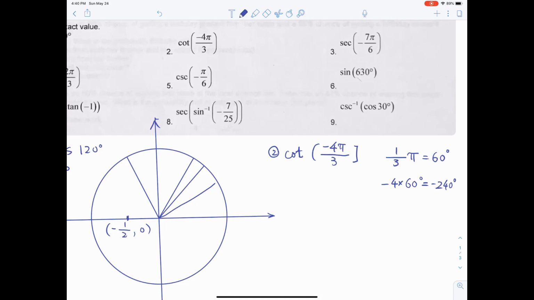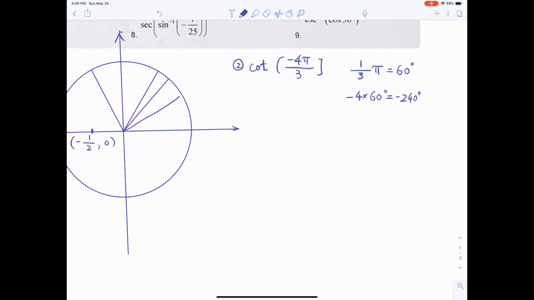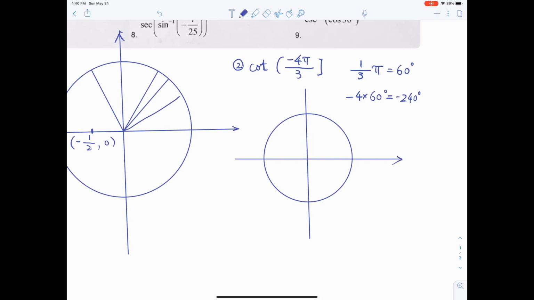Okay, so do we draw a new circle? We can draw a new circle. We are drawing a new circle, and we do 90 degrees, 180 degrees, and 60 more. So here it is.